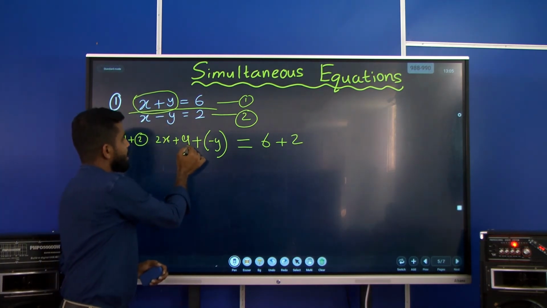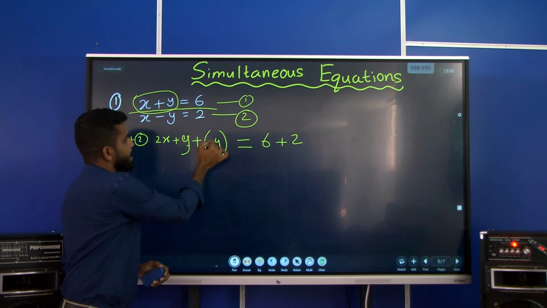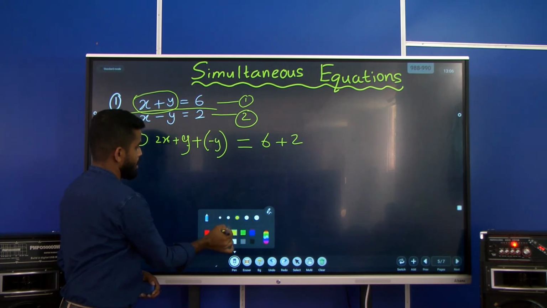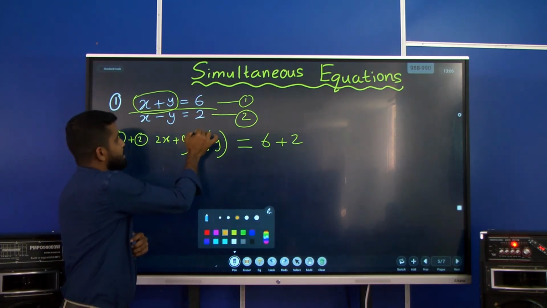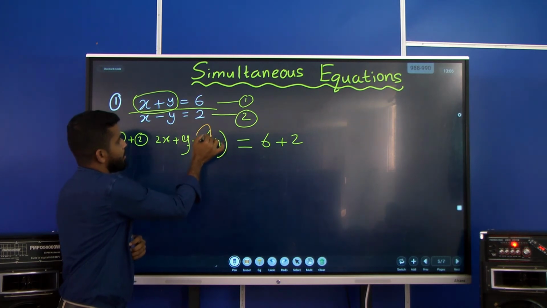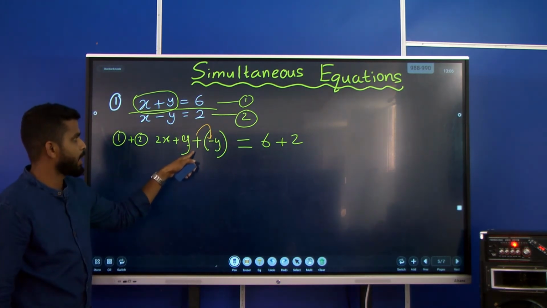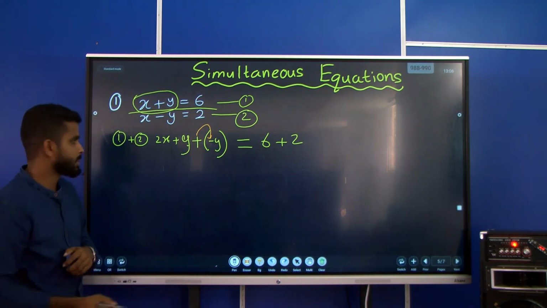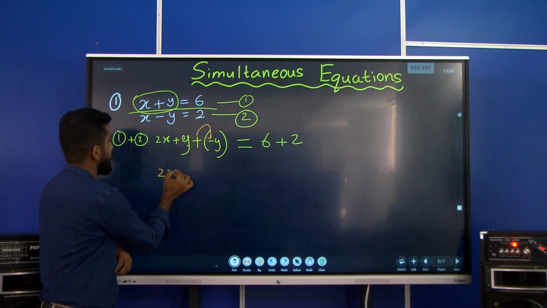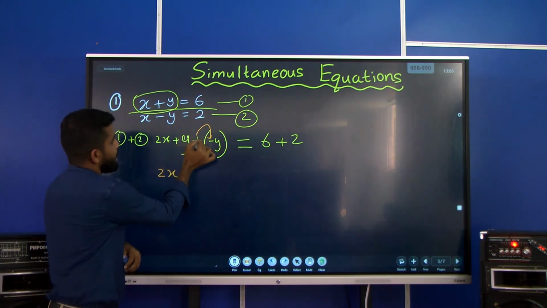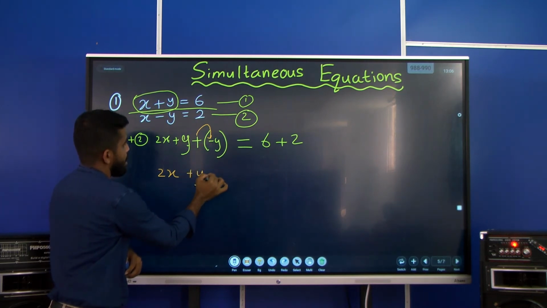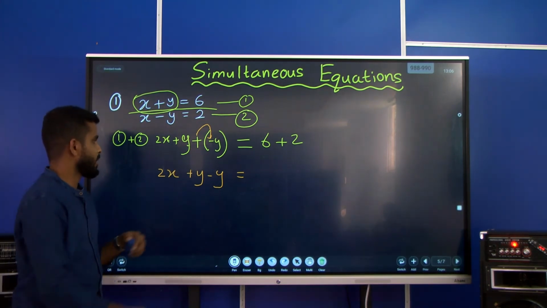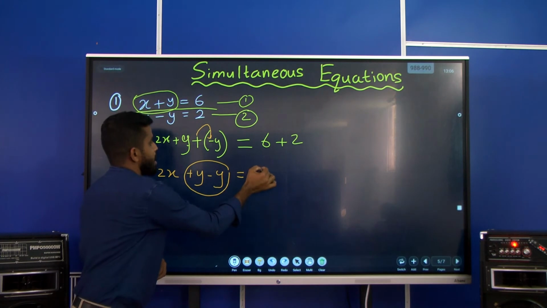Check. y plus bracket minus y. Now see here, this plus, when it is multiplied by y, since there is a bracket, this plus would be multiplied by this minus. Therefore, plus into minus gives us minus. See here, 2x plus y minus y equals plus y minus y mean both of them cut off, they go, is equal to 8.